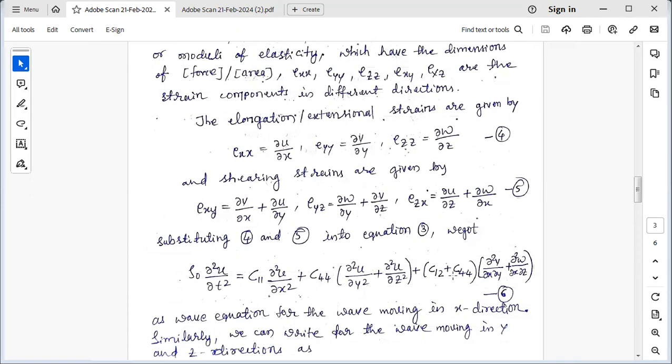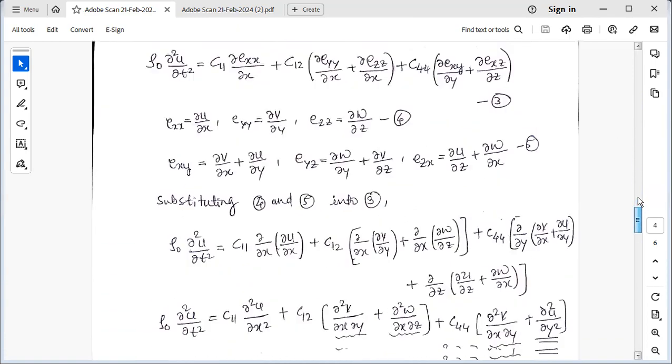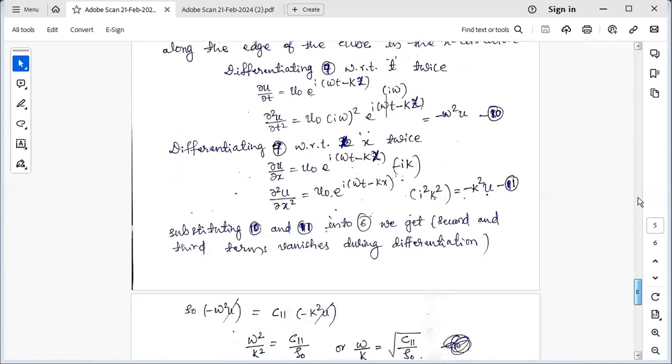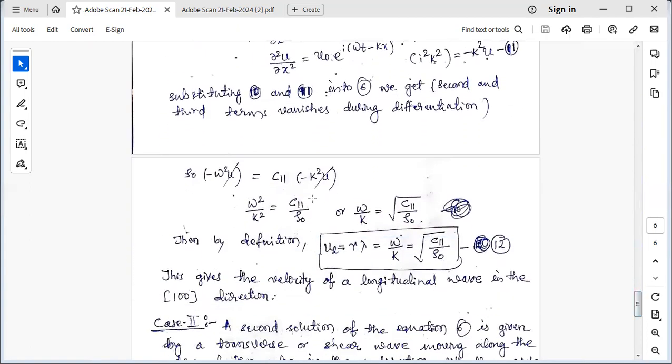These two terms vanish here because they are the terms along the y and z axis. So only the first term is retained, and that is why here C11 into dou square u by dou x square.